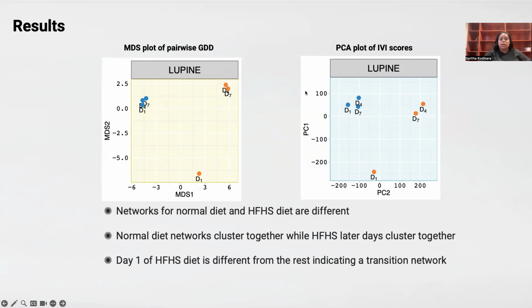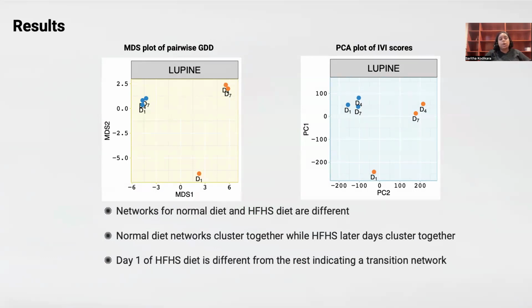A similar clustering pattern can also be seen in the IVI scores. If you do a PCA on the IVI scores, you again see a consistent pattern. So it gives consistent results through different measures.